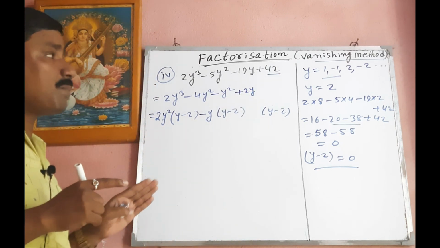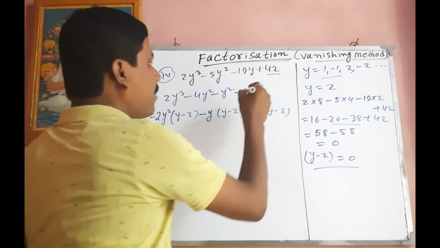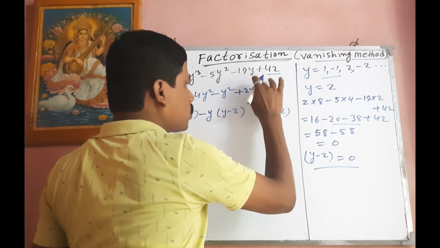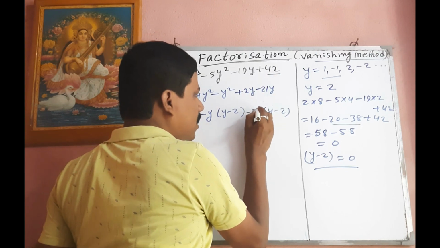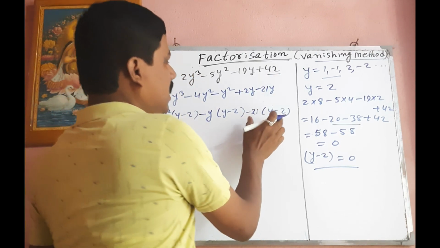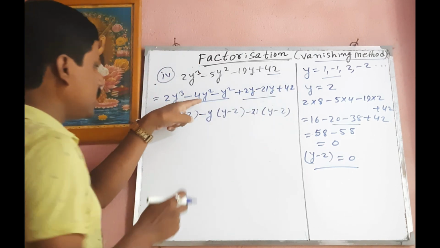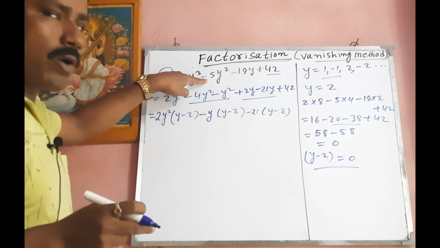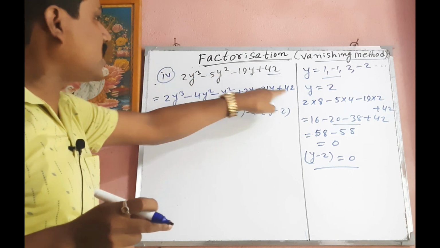Plus 2y is there, but we need minus 19y. So we have to put here minus 21y. So we have to put here minus 21. Then minus 21 into 2 is equal to minus 42. And this balance is minus 5y, and this balance is minus 19, and 42 is there.